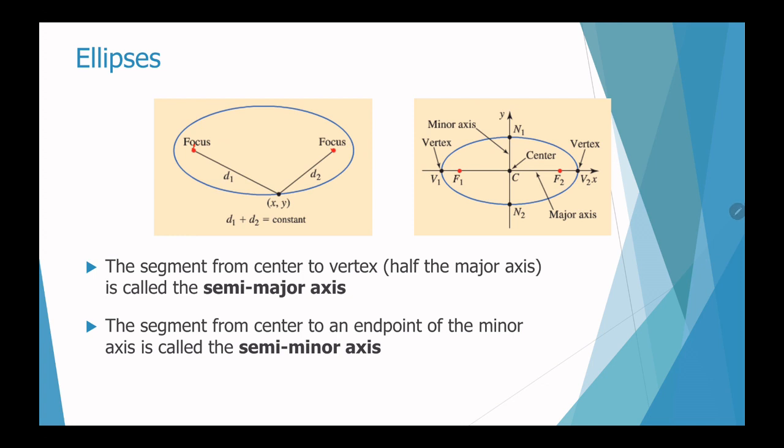The segment from center to vertex, that's here, and it really doesn't matter which one, is called the semi-major axis. It's half the major axis. So from here to here is a semi-major axis.